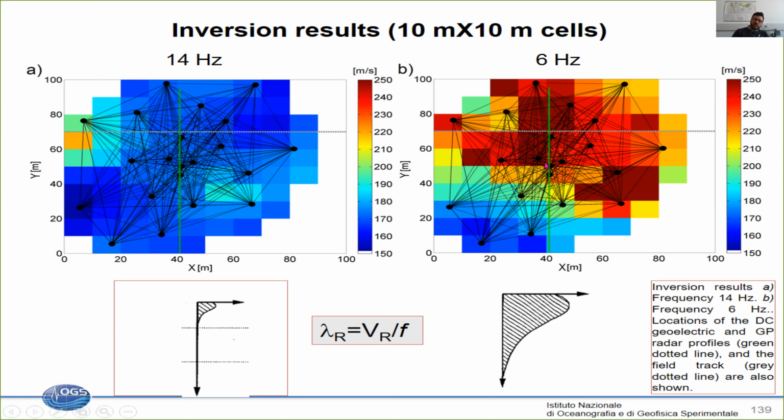And in green, this is the velocity profile that I have. As I mentioned last time, for each one of these blocks, I can have the velocity for 14 hertz, for 6 hertz, and so on. Therefore, in each one of these points, I can also calculate a 1D velocity profile. And when I put all these 1D velocity profiles together, I will have a sort of pseudo 3D.